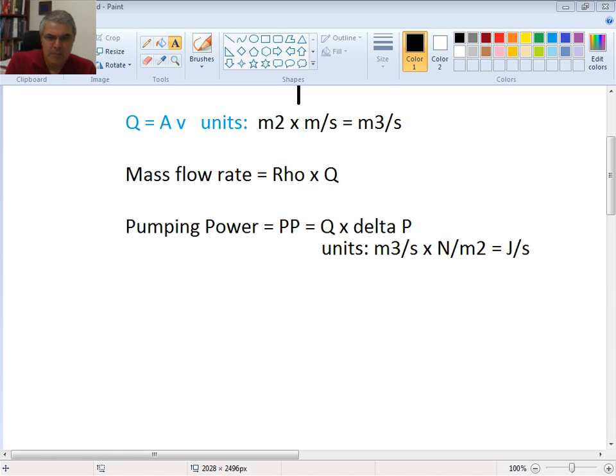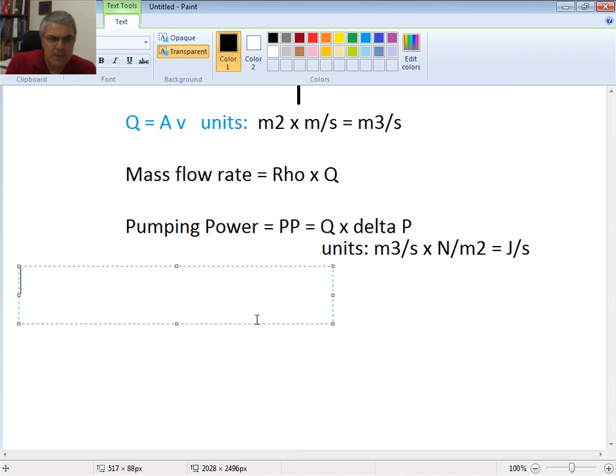So the class of flow meters that is pretty common is what we call the flow obstruction devices, or flow obstruction flow meters. Let me take a look at that now and discuss that with you.